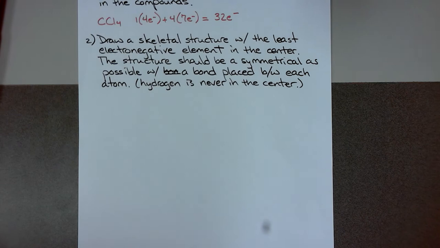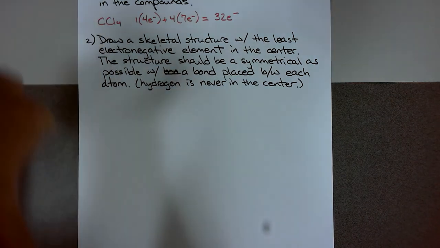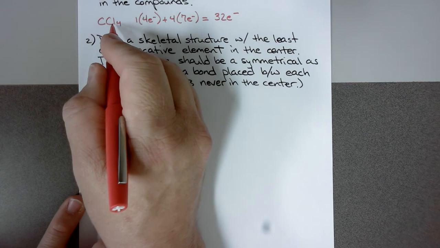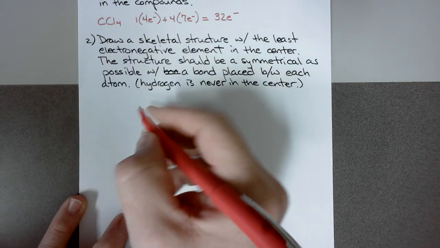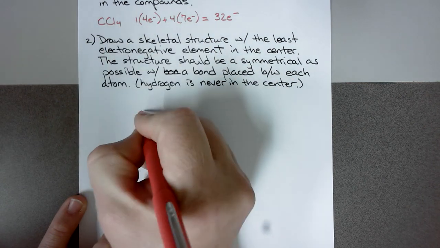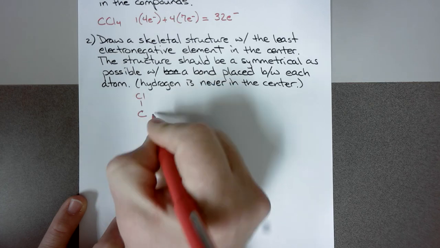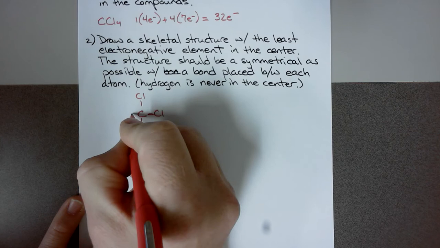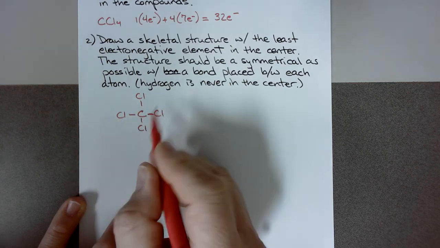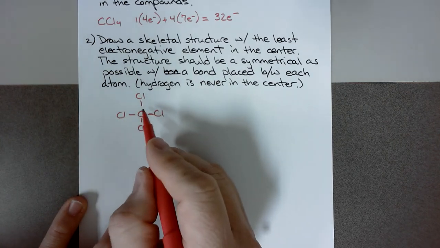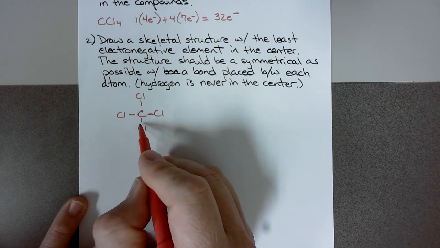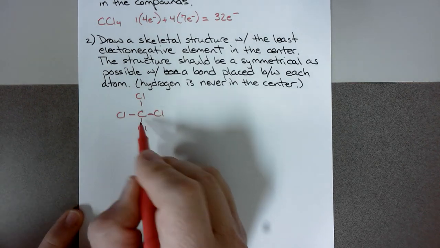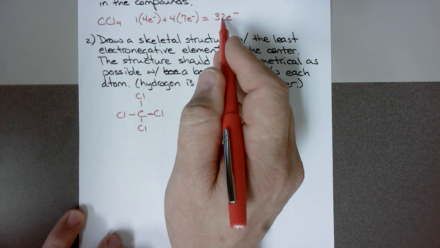So let me draw, we have carbon tetrachloride, so carbon is less electronegative than chlorine. So I'm going to put carbon in the center, and I'm going to put a chlorine, chlorine, chlorine, chlorine. So it's as symmetrical as possible, and I've put a bond between each of the atoms. Now in this case I've used 2, 4, 6, 8 of the 32 electrons.